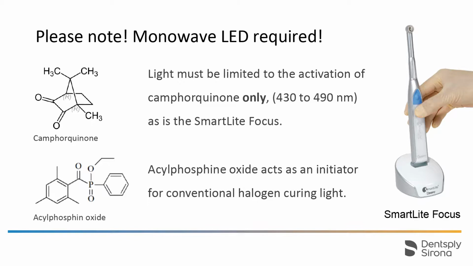Camphorquinone is matched to the use of blue LED light between wavelengths of 440 and 480 nanometers. Acyl phosphine oxide, on the other hand, reacts to light with a wavelength of up to approximately 400 nanometers or less, as emitted in particular by older generation light curing units, so-called halogen lamps.